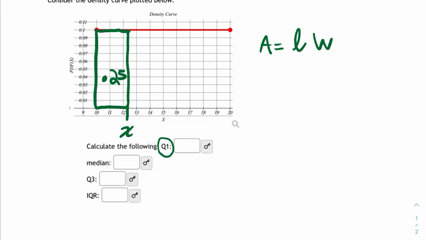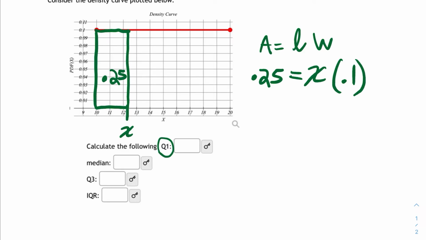So that area is 0.25, I already know that. The length is how far x is from 10, and the width is pretty much just the height of this rectangle, which is 0.1 because this is a uniform distribution.